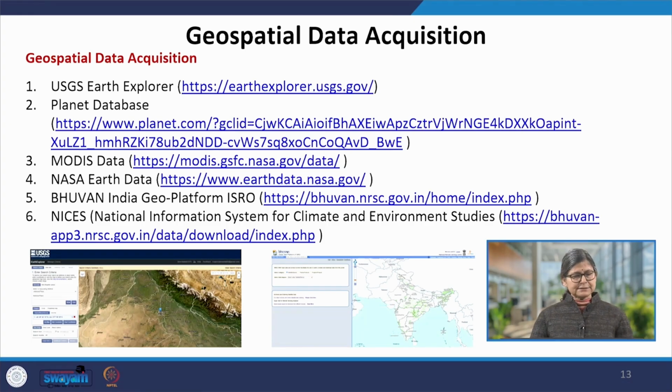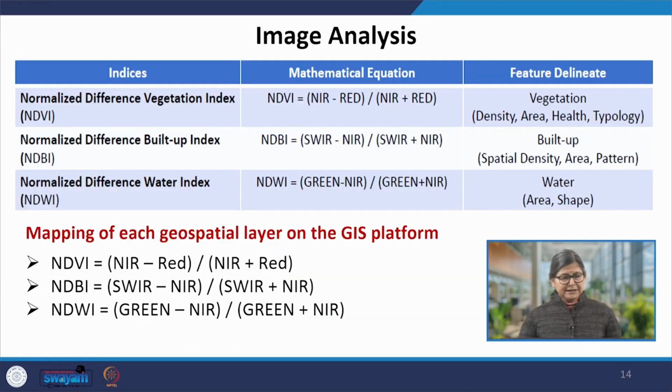And the data was acquired from USGS Earth Explorer, Planet Database, MODIS data, NASA Earth data, Bhuvan platform, and the NICES. Image analysis, as we have already discussed yesterday: NDVI, NDBI, and NDWI, and we have discussed these mathematical equations as well.